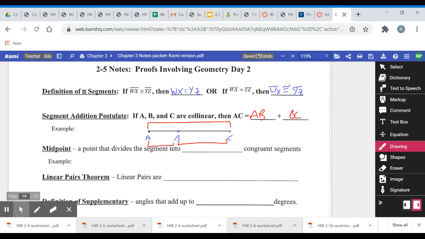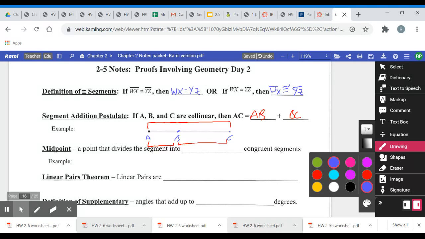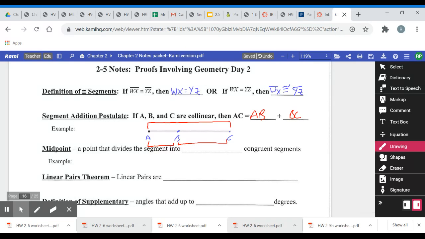Okay. All right, next one is the midpoint. And it probably would be better to say definition of midpoint, if you want to add this in. So definition of midpoint, and it's a point that divides the segment into two congruent segments. And I can draw an example of that. If I draw a line segment, label X and Z on the ends, and put Y in the middle.